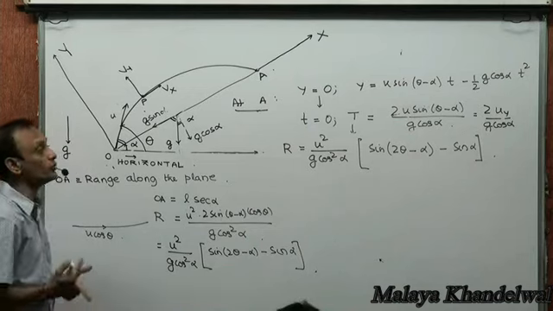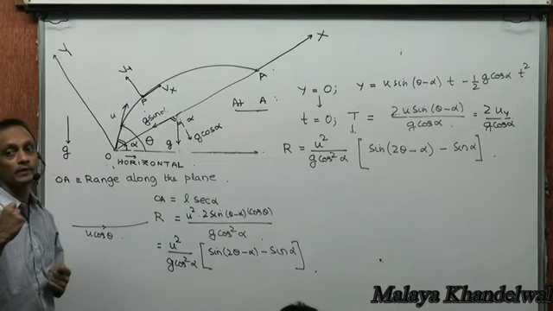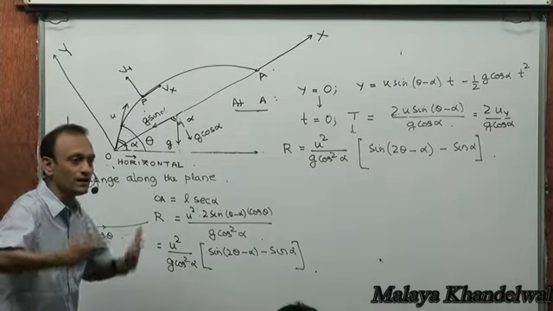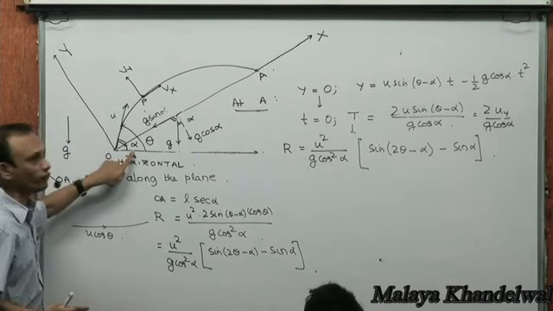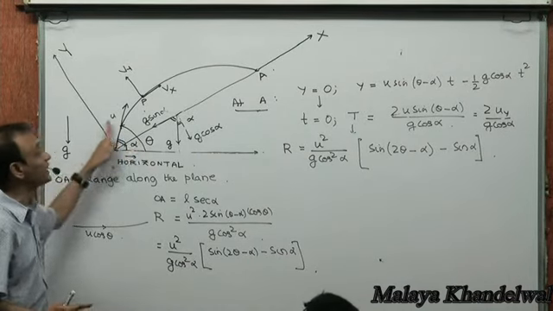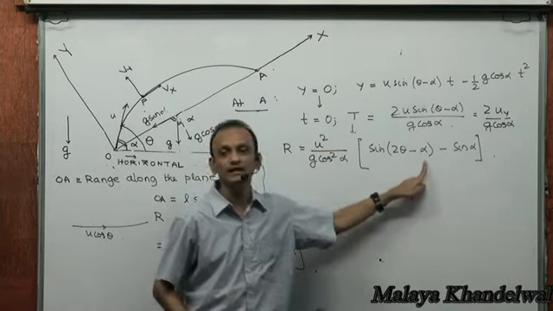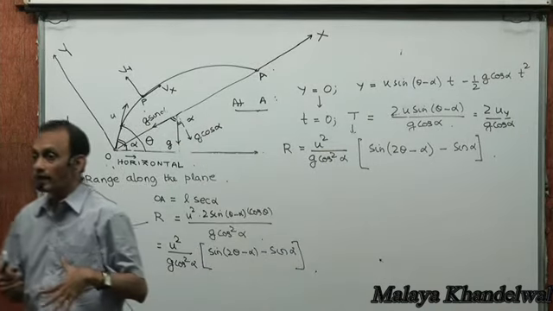Now what I want to do is model theta. I want to find theta for a given U and a given alpha that will maximize my range. You know what I'm saying?